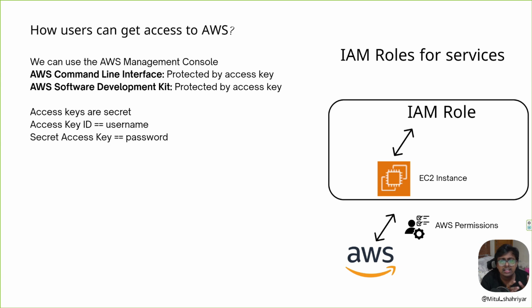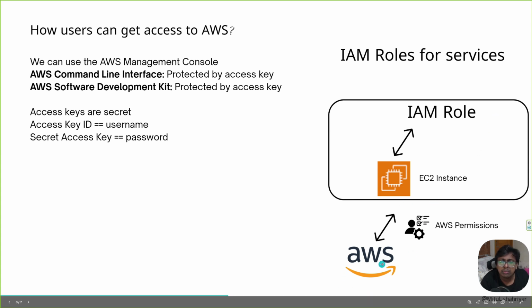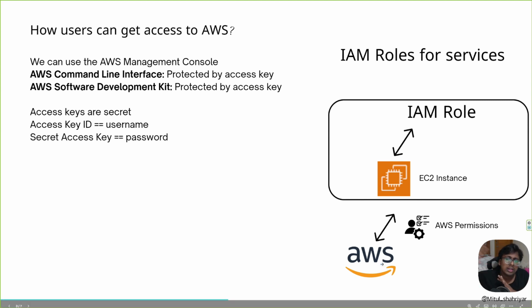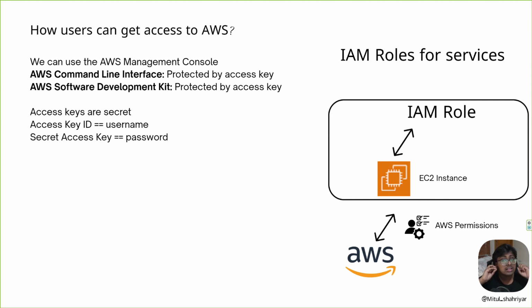In general, when you work with services, the role is automatically assigned, so you don't need to work on it, but you can also assign it manually. So an IAM role can be assigned to a service, and then that service can contact AWS for permission about a service or whatever it requires.